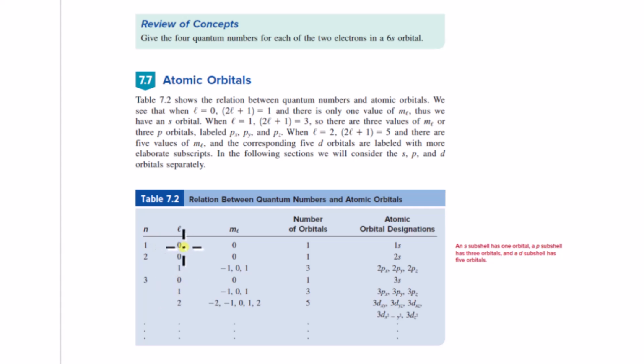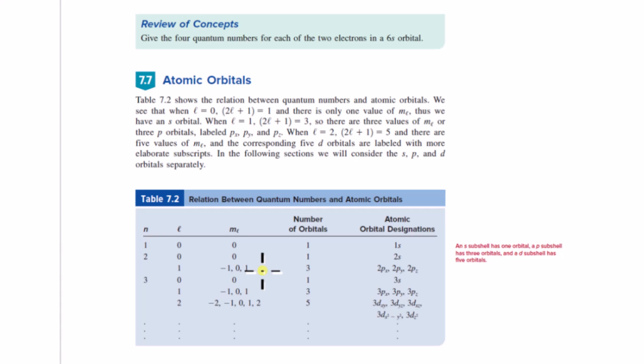Now, if we look at the subshells, for L is equal to 0, we just have mL is equal to 0. So for any subshell where L is equal to 0, the only mL you have is 0. For a subshell where L is equal to 1, you have mL is equal to minus 1, 0, and 1. For 2, you have minus 2, minus 1, 0, 1, 2. There's 5 values of mL, 2L plus 1.